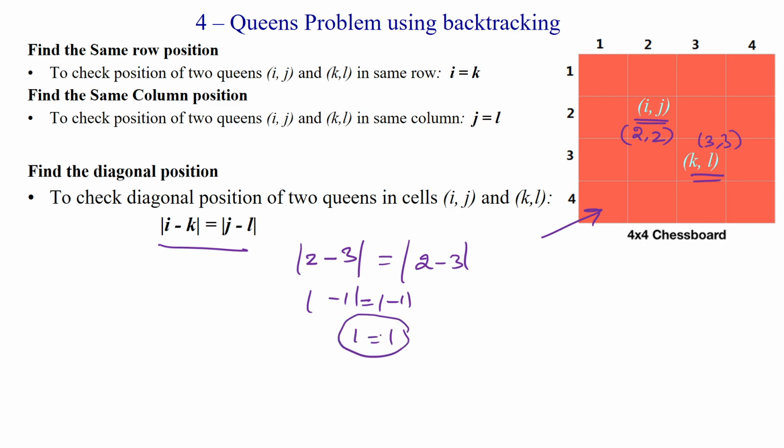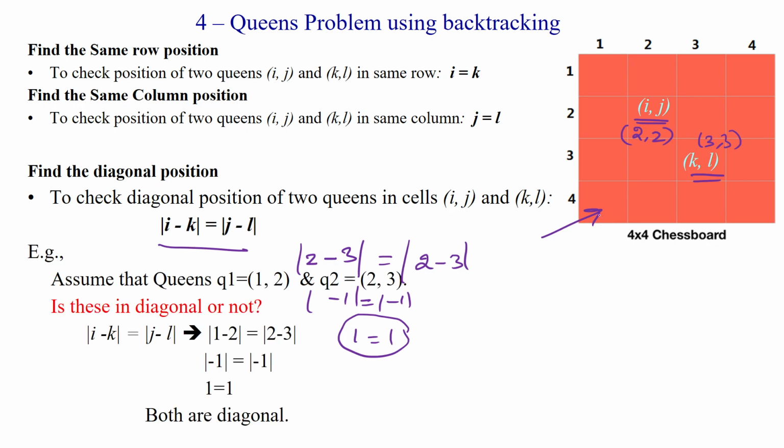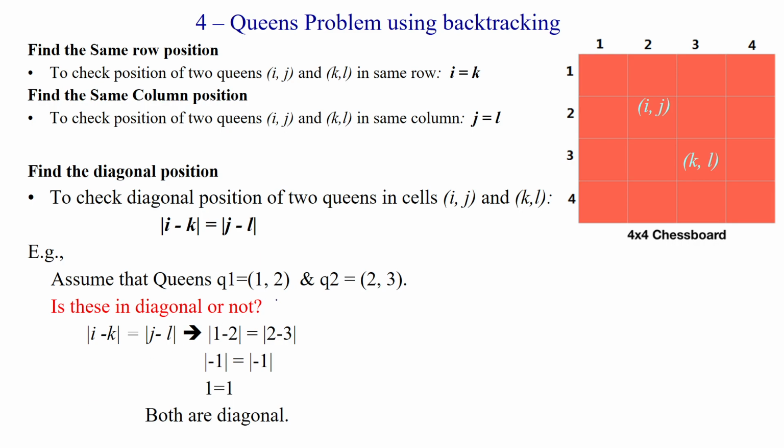If both are equal, then we can say the queens are placed in the same diagonal position, so we have to avoid this position. Like that we can identify the same row, same column, and same diagonal position.